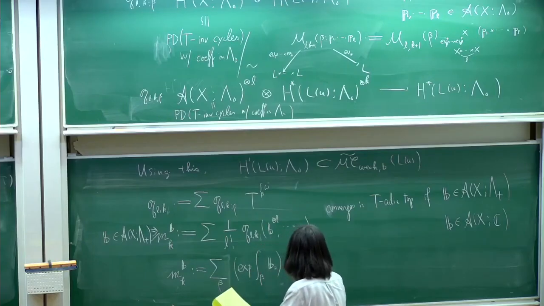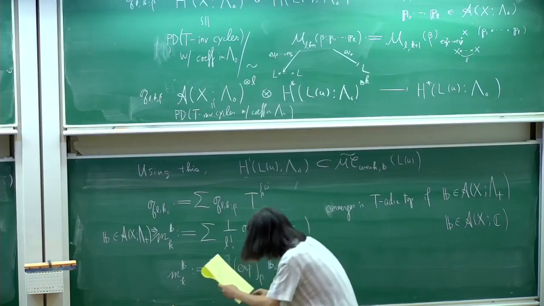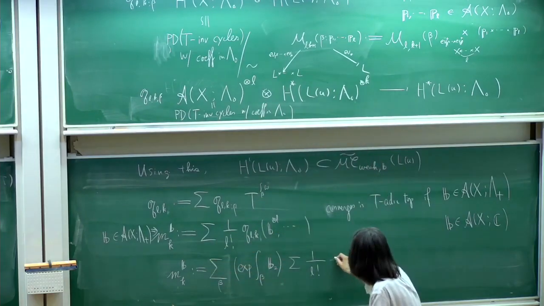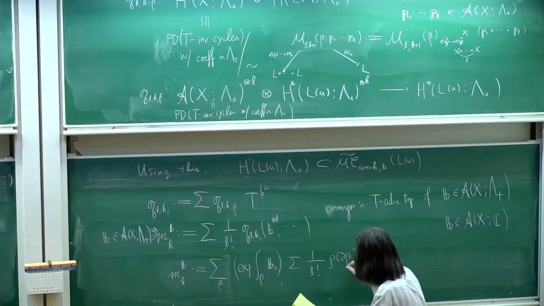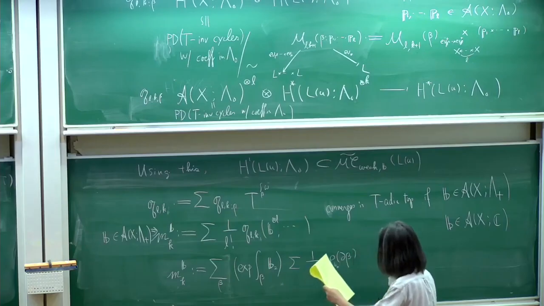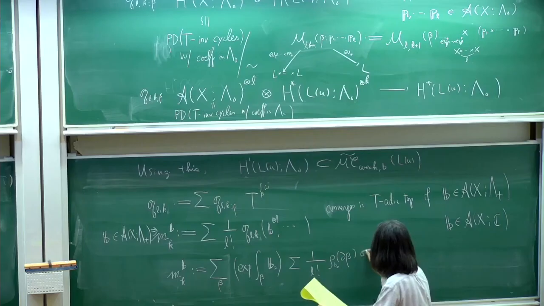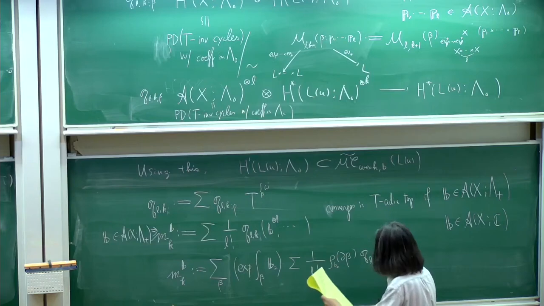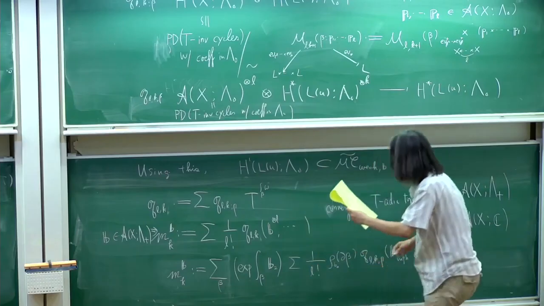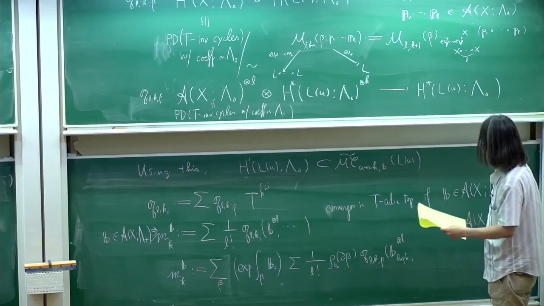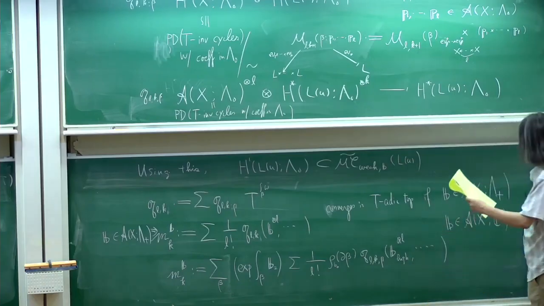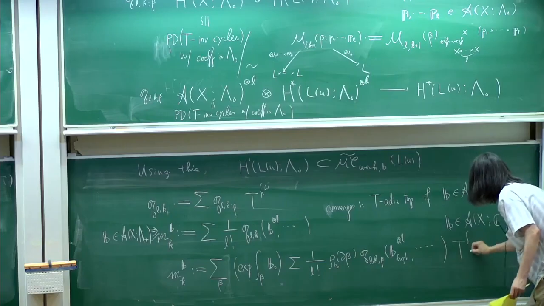And then sum over, 1 over L factorial, and then rho of d beta, sorry, maybe b0 here, and q of l,k,beta, and b higher tensor L, and then take T to the power of beta.